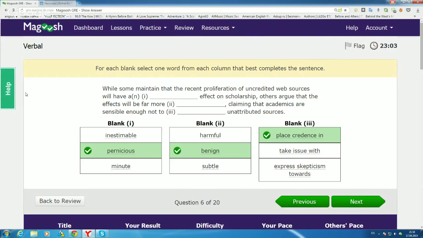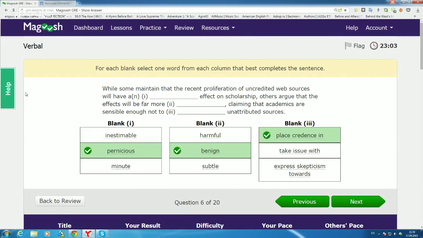Short. What else? Small. Different. Very good. So minute doesn't work here because why? Tell me why. Because the effect has to be harmful. It has to hurt. It can't be small. Okay, good.